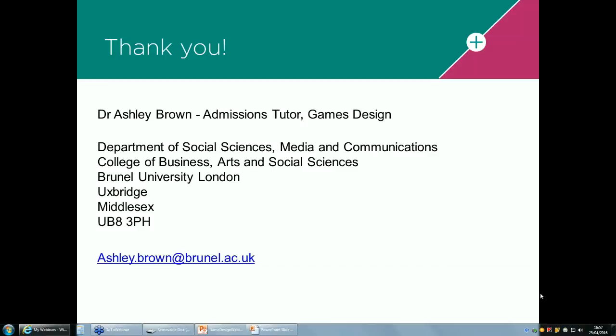So that service is offered through the university. In addition to, of course, us having independent developers come in and give you lectures on how they set up their own independent company. So you get a slice of how it's been done in the past, but you also get the support of the university to actually achieve it as well, if you were thinking of doing that.